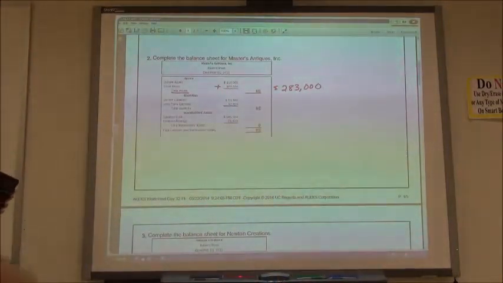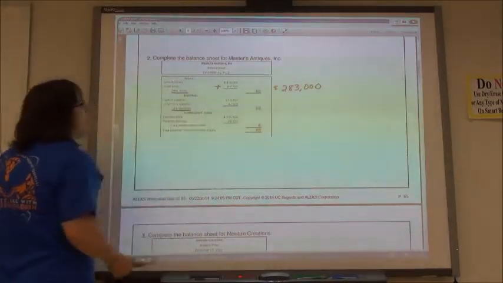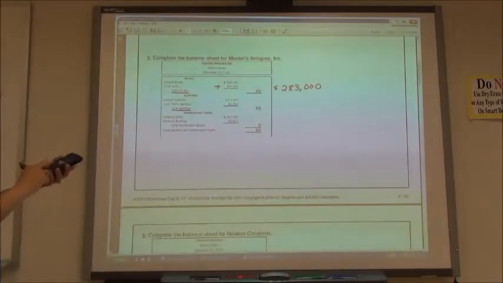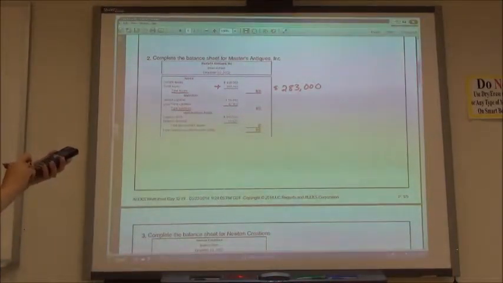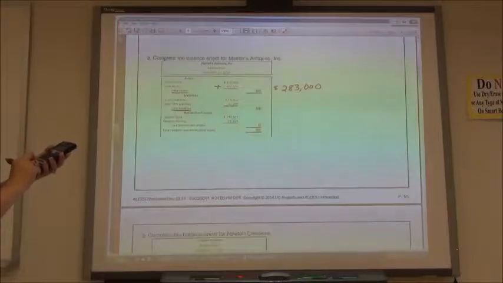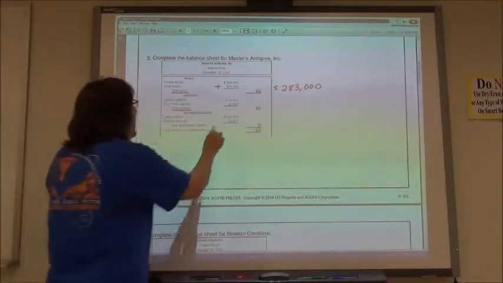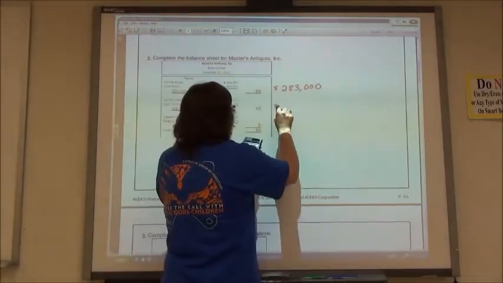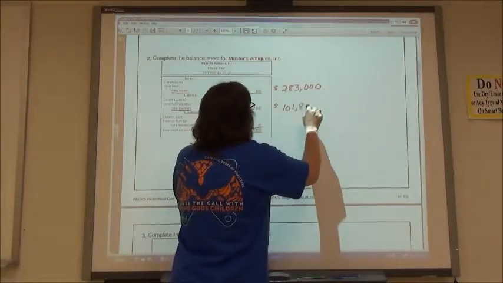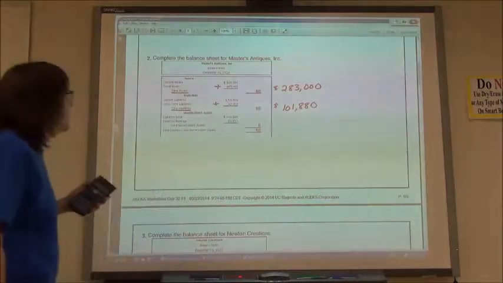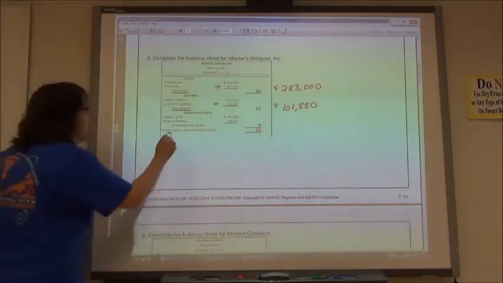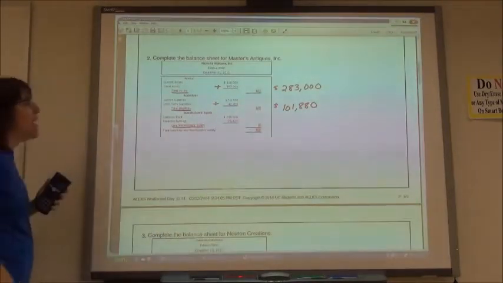Then I want to find out what my total liabilities are. So I have current liabilities of 59,430. I'm going to add my long-term liabilities of 42,450. So if I add those two things together, I get 101,880. Then it tells me I want to find the total of my stockholders' equity.